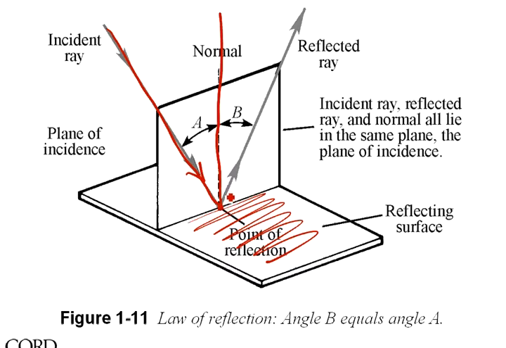And then the reflected ray will be going out on this other side, and the law of reflection states that the angle of incidence here, A, should be equal to the angle of reflection, B. Okay, very simple, so that it's easy to remember.